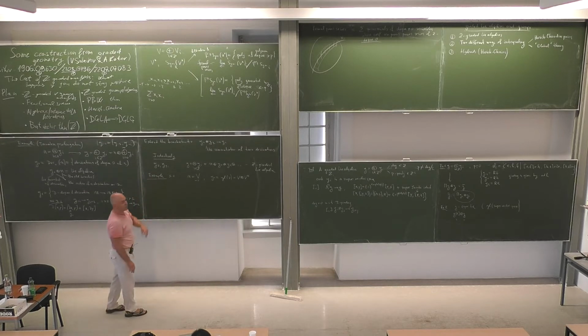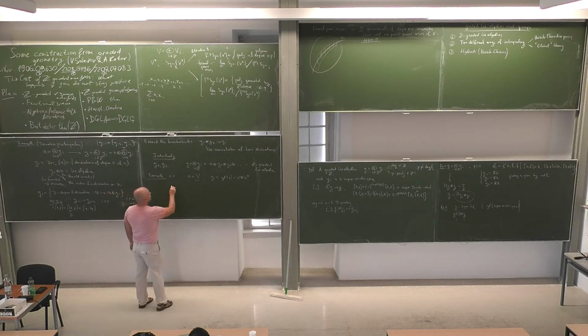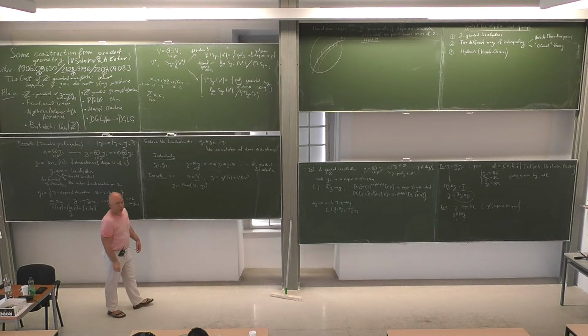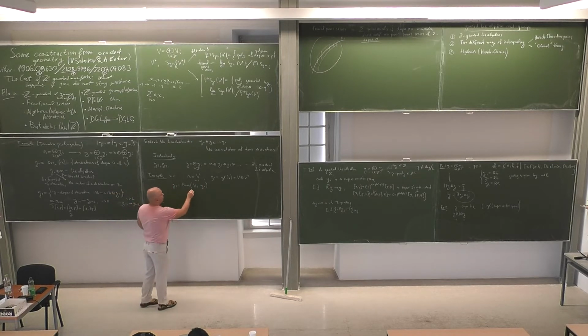But with g1, it will be more complicated. G1 has to be homomorphisms from V to g0, so this should be derivations, with g minus 1 mapping to g0.